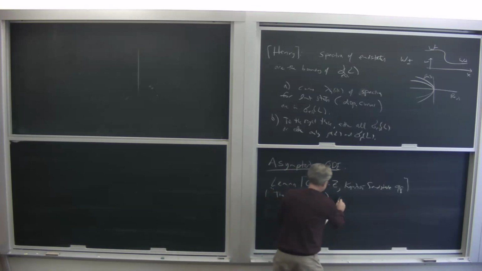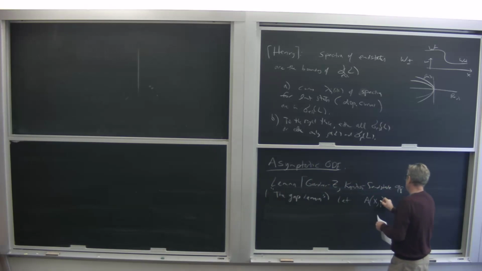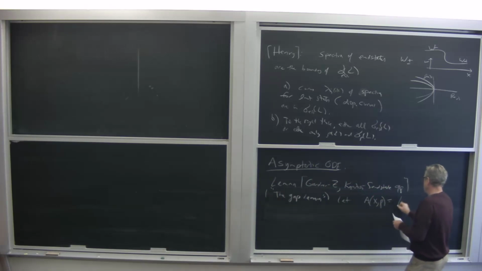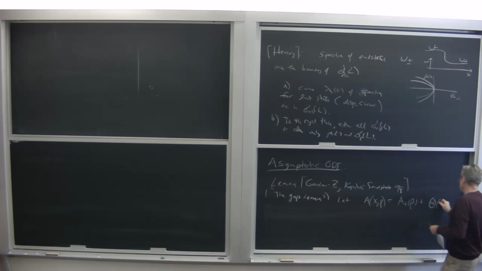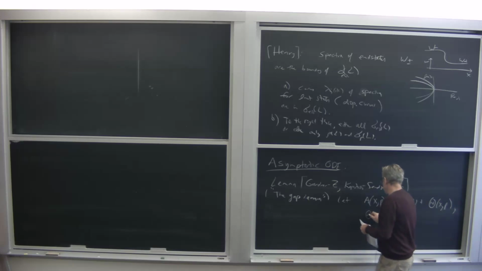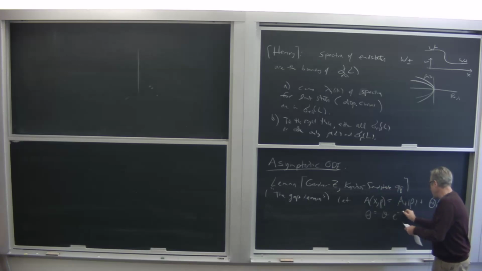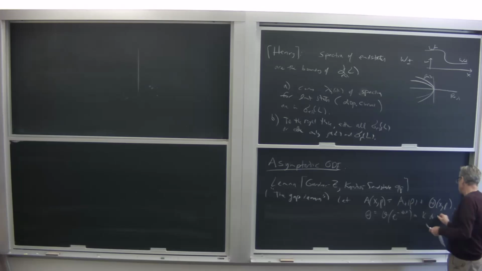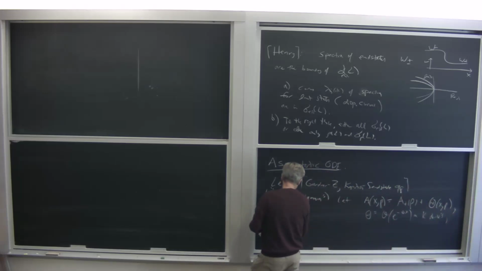Okay, so let A of x, p be a constant matrix plus theta of x, p, and theta is of order e to the minus little theta x in k derivatives, for x on the half line.